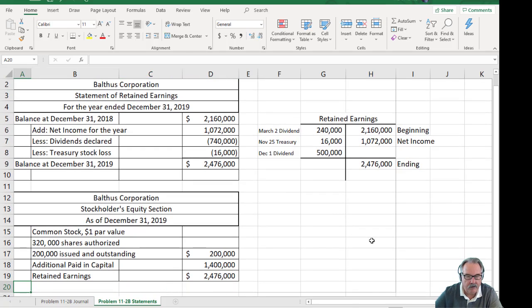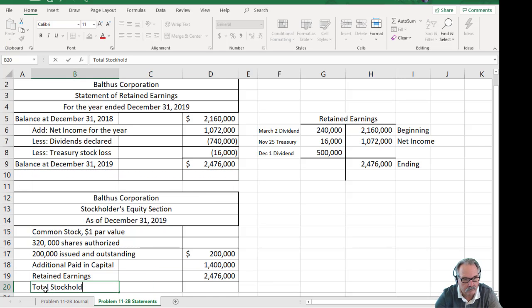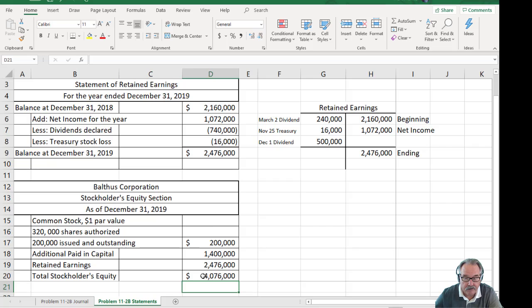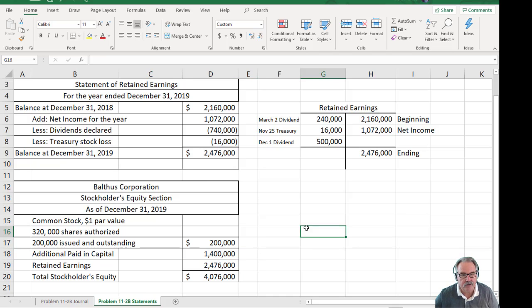So our ending, we don't want a dollar sign there. But we do want, and I'm going to just borrow this from up above. And so our ending stockholders equity is 4,076. And I'll put a thick line there to show.